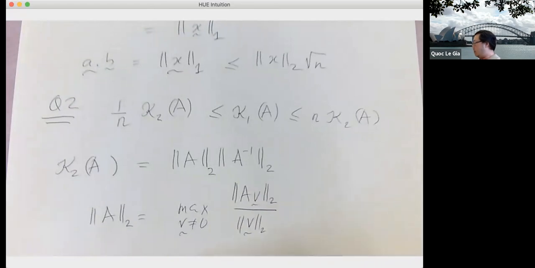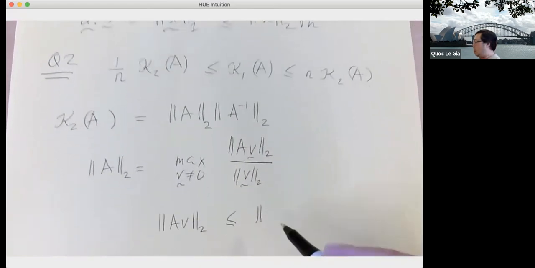So now I have that AV in the two norm is less than AV in the one norm. We just proved it in the previous question.